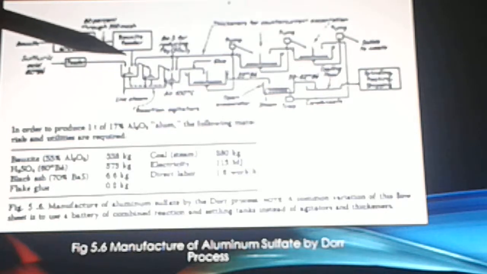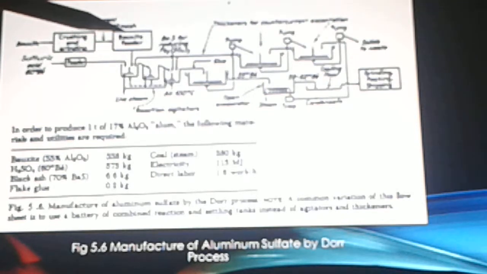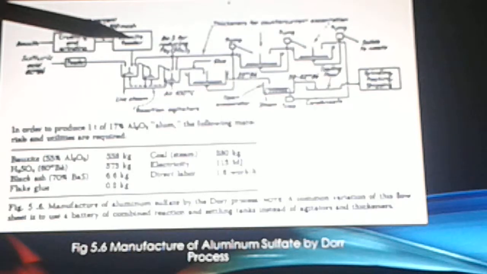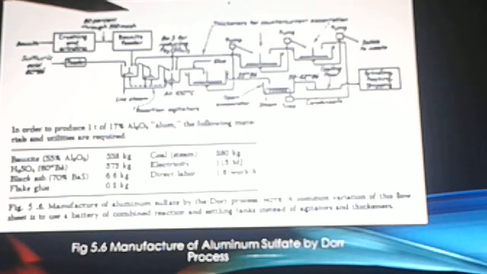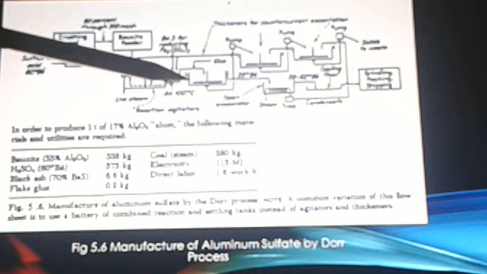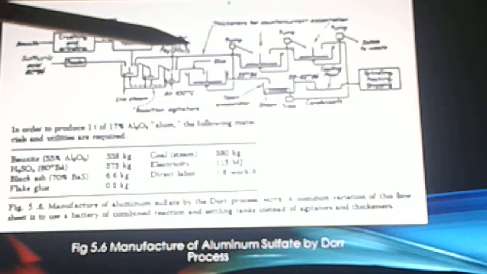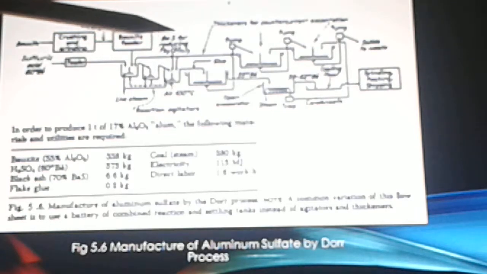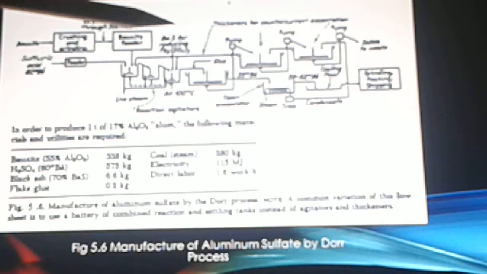The reaction occurs in lead-lined steel tanks, where the reactants are thoroughly mixed and treated with the aid of agitators and live steam. These reactors are operated in series.